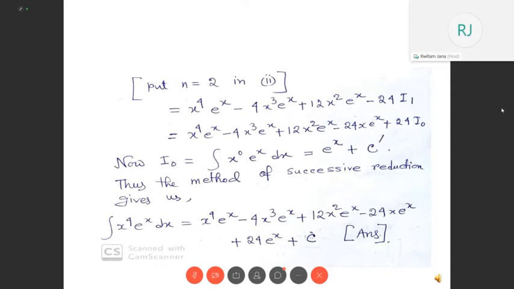You know that the integration of e to the power x dx is e to the power x. By the successive reduction formula, finally you will get the answer of the integral of x to the power 4 e to the power x dx.